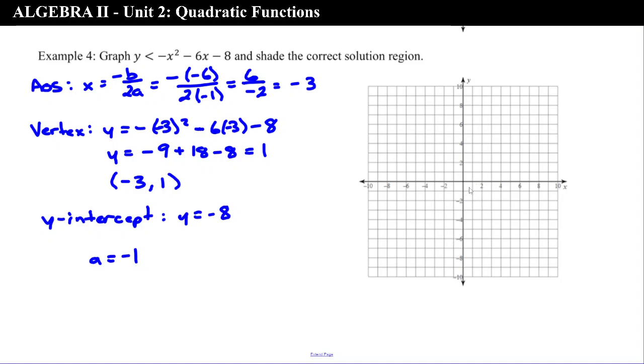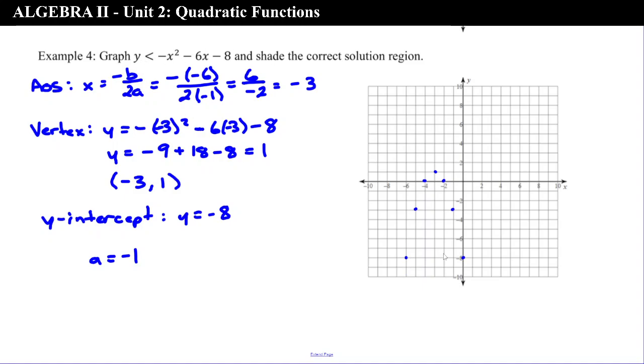Our vertex is at negative 3, 1. So there's our vertex. So the 1 tells us with the a that it's not going to be compressed or stretched. So if we wanted to, we could just do 1 over 1 down, and then 2 over 4 down. And then the y-intercept gives us that last one that we can hit from 3 over 9 down.